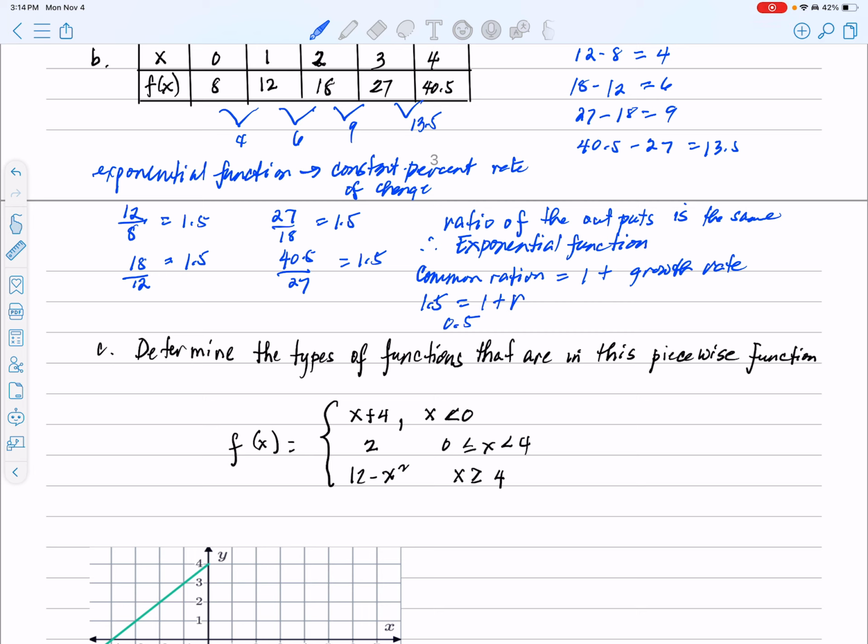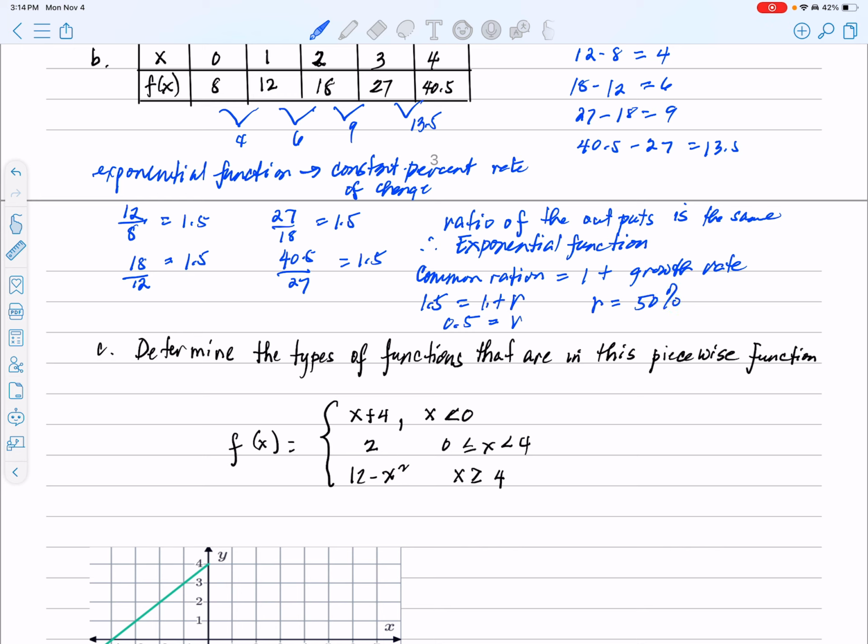Move the 1 to the left, that would be negative 1, plus 1.5, you have 0.5 equals R. And you change that to percent by multiplying 100, you come up with 50%.